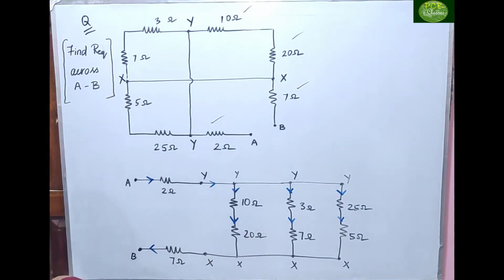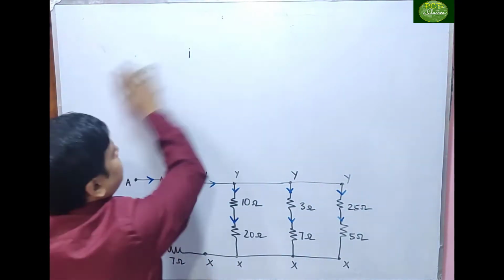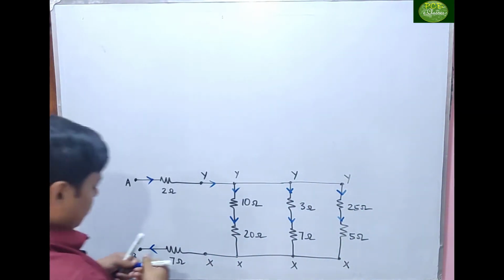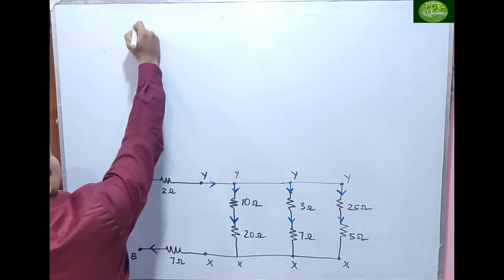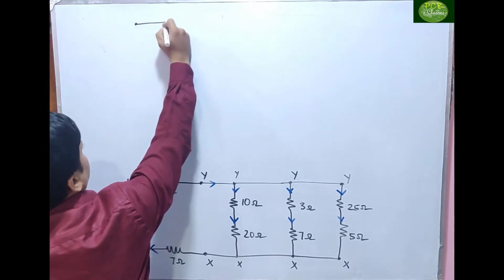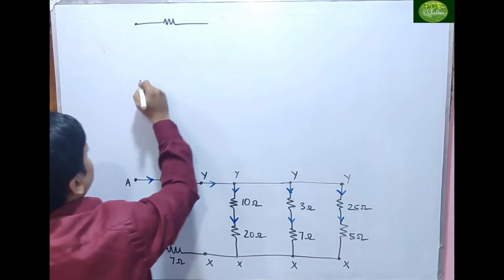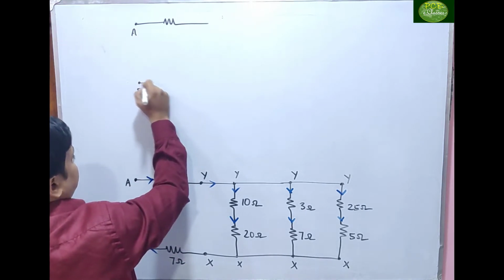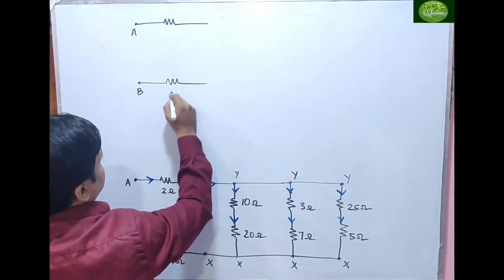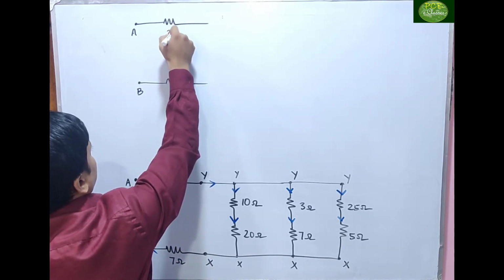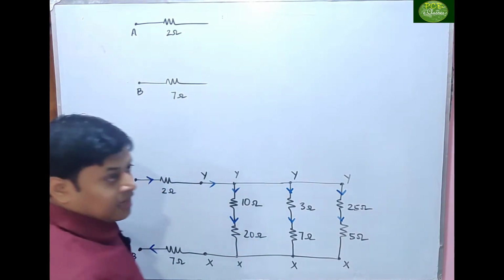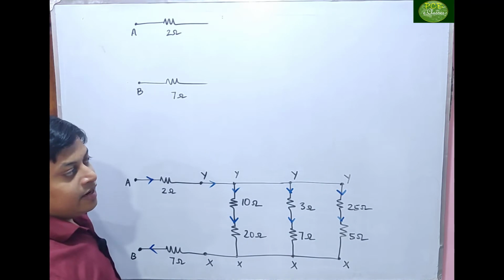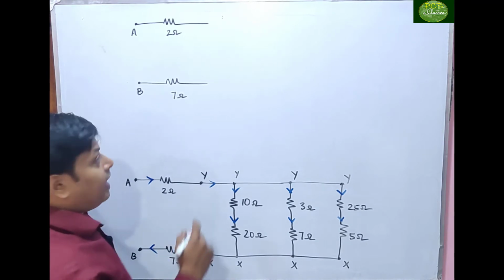I will be erasing this one. What will be my equivalent circuit diagram? My equivalent circuit diagram, this is the A point. This is 2 ohm. B point. This is 7 ohm, 2 ohm. 10 and 20 are in series, so they will add.